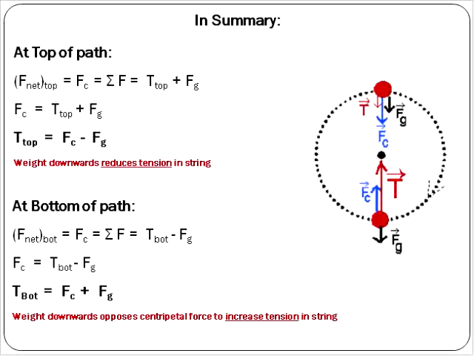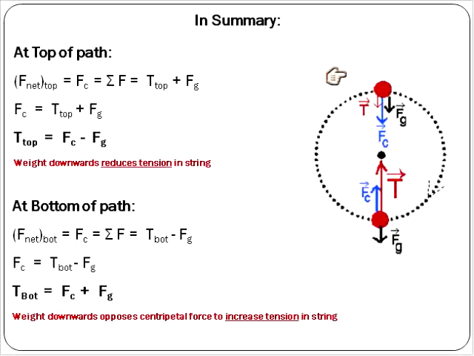So let's assume that this is a ball tied to a string. At the top of the path, the net force would be Fc, right, because net force in a circle is always Fc, which is the sum of the forces, tension at the top plus force of gravity. Now, technically, all of those forces are down.